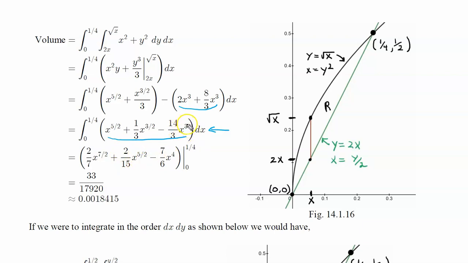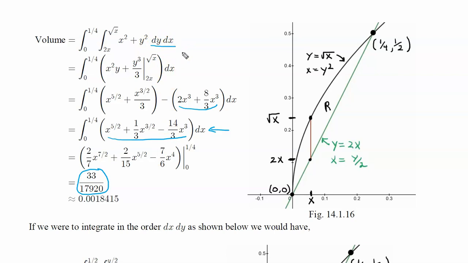Antiderivative of x cubed is x to the 4th over 4, and you need to multiply that by 14 over 3. You'll get 7 over 6 x to the 4th, and then put in 1/4 and 0, and this is what you end up with. 0.0018415. Okay, so that's how you do that, integrating with respect to y and then x.